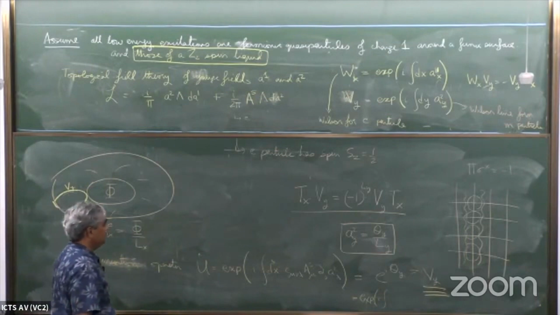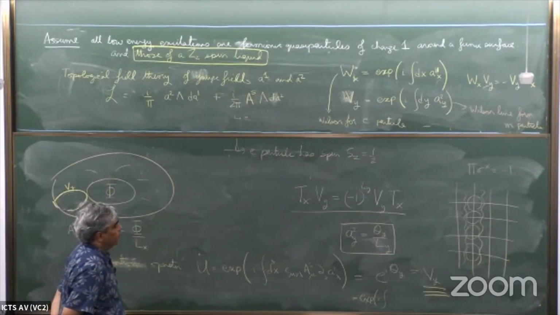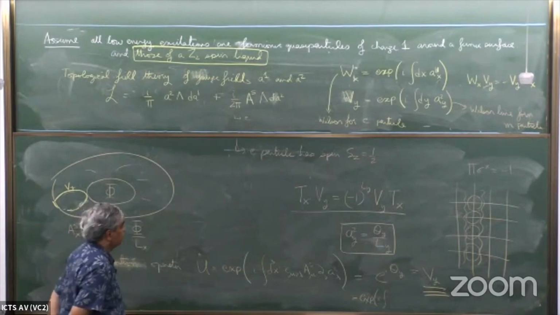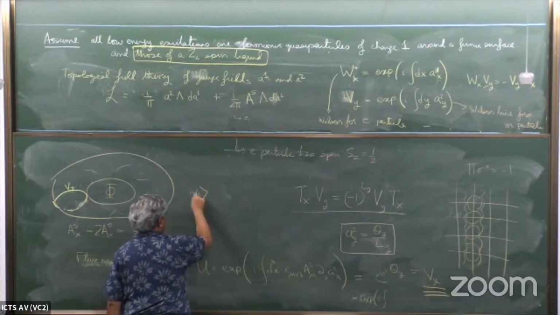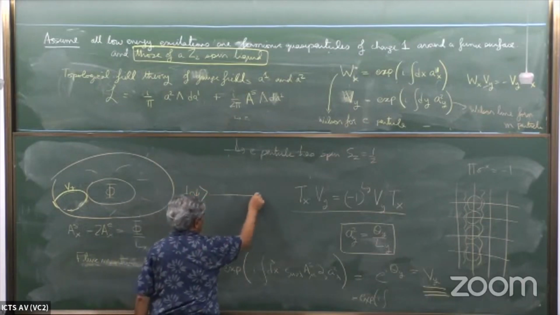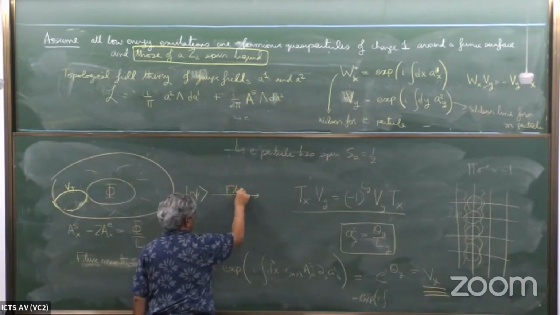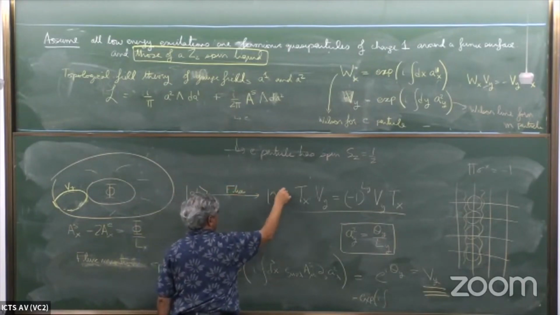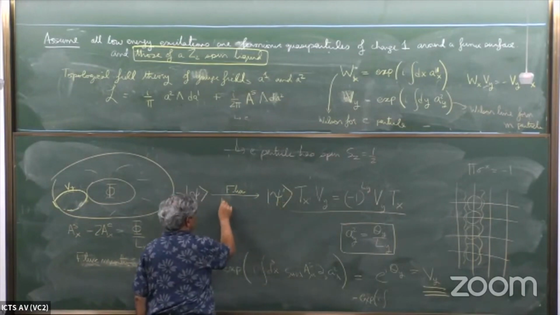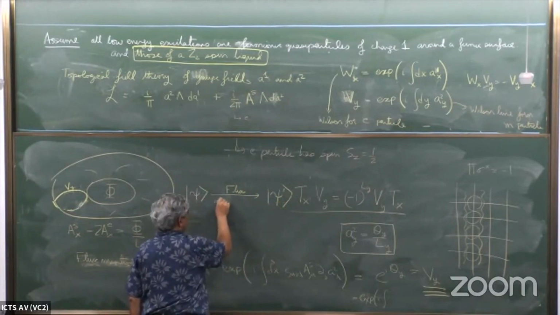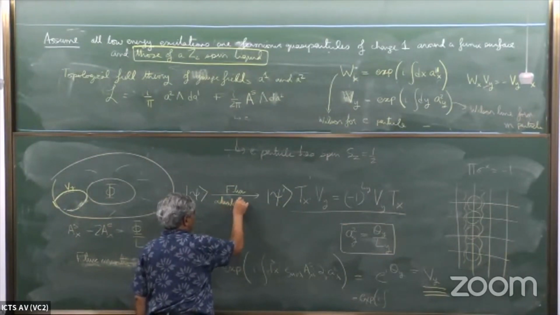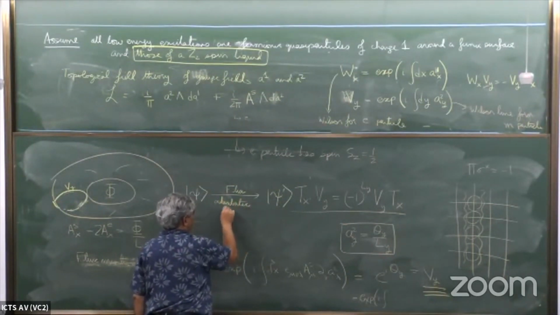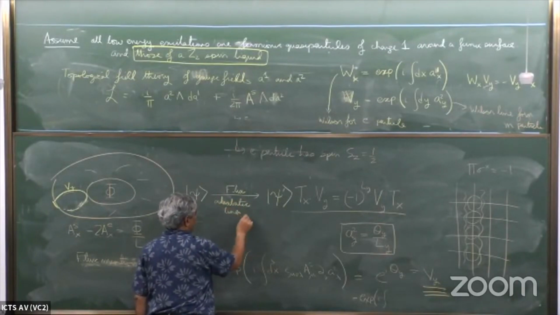Also, the commutation relation of Tx and Vy that you wrote, these are operators acting at a particular time. So you have some initial state psi, then you insert the flux, and you get some final state psi prime. So this is adiabatic time evolution.